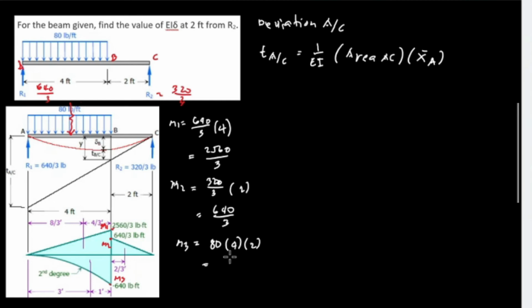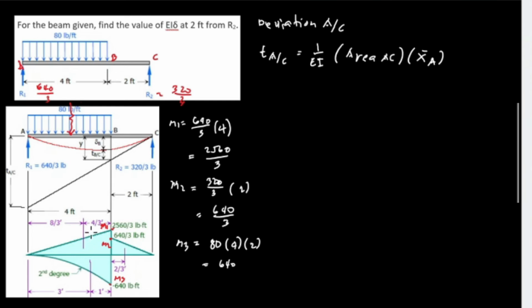So 80 times 4 times 2, that's 640, and it is negative because the uniform load is in the downward direction. Now we have moment 1, moment 2, and moment 3. We can solve the area.